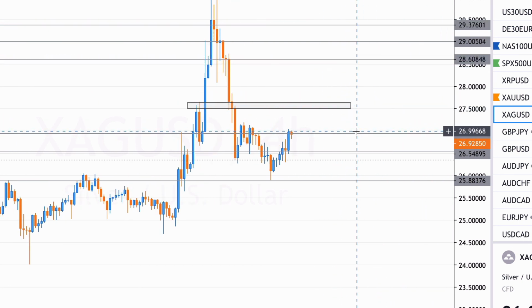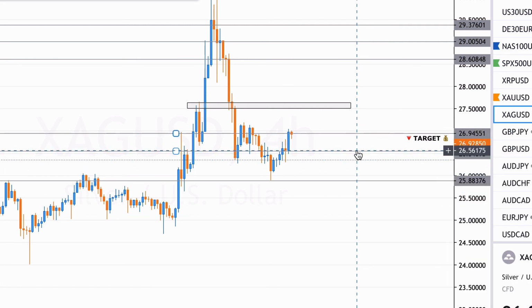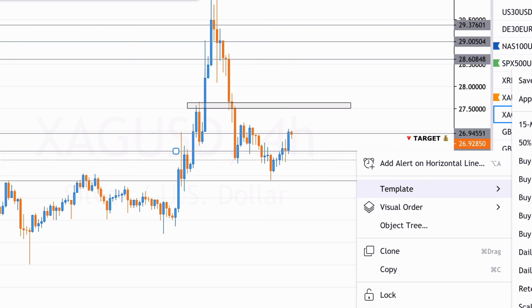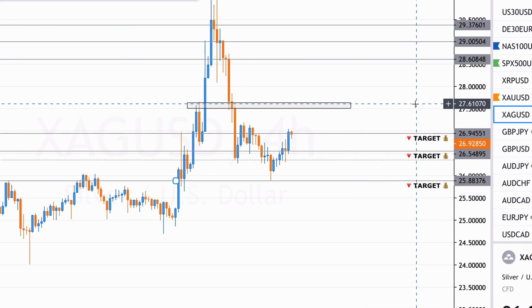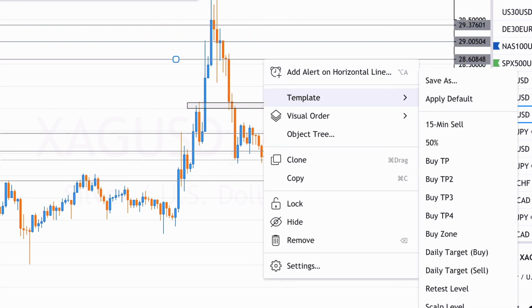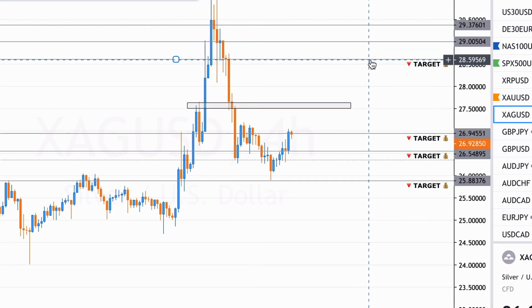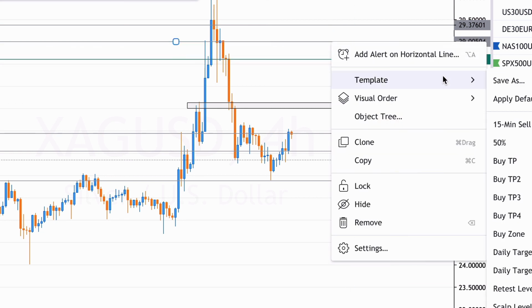Key area. Potential target on the sell. Potential target on the sell. Potential target on the sell. Not sell. Potential target on a buy. Potential target on a buy.